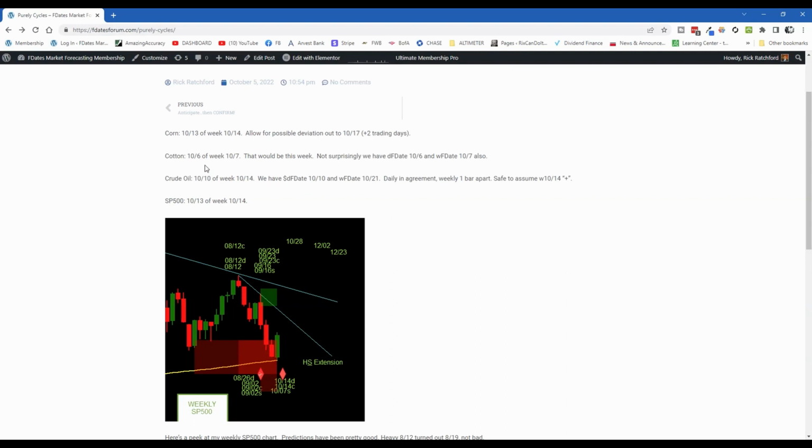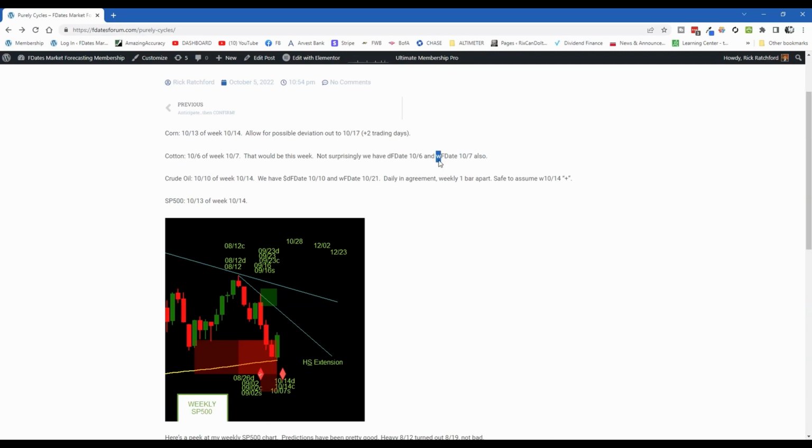Now, cotton, I've calculated that October 6th of week 10/7 looks right for a potential swing turn, potentially a bottom, I would imagine, considering the direction that cotton has been moving. So that's this week, and not surprisingly, the F dates are aligned exactly with this. We have an F date for 10/6, and we have a weekly.